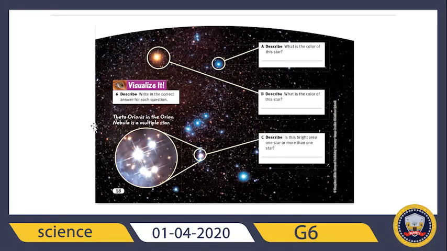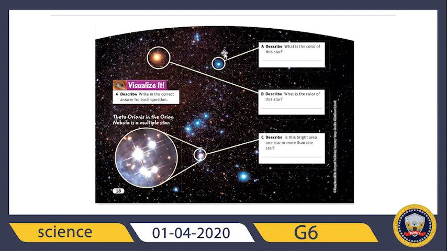So guys, let us study the following photo. We can see that we have here different colors of stars, different sizes, and also different brightness of stars. So for A, what is the color of this star?